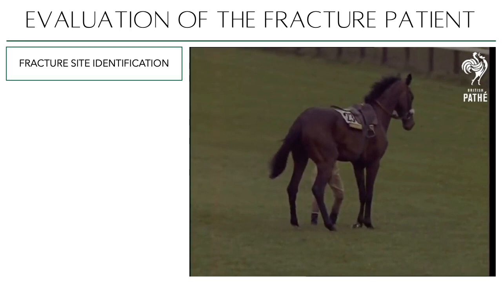You have to identify the fracture site, which means you have to be not just familiar, but you have to master the anatomy of the musculoskeletal system, which includes bones, muscles, joints, tendons, and ligaments of the horse, but also the dynamics of these anatomical structures, especially when we're talking about a racehorse.